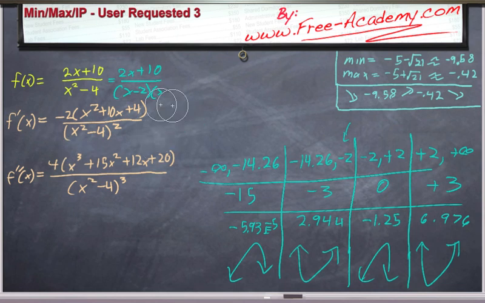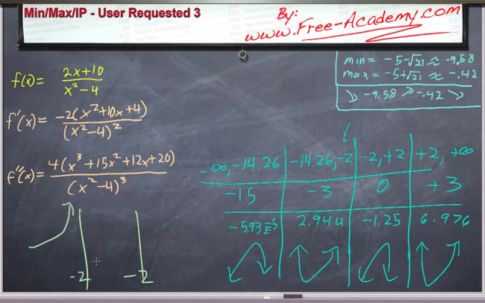So this allows us to know where our inflection points occur. Our inflection points are whenever we switch from concave up to concave down, but inflection points do not occur at an asymptote. Because at, say this is our negative 2, this is our positive 2, we might have something that looks like this beforehand and something like this after.